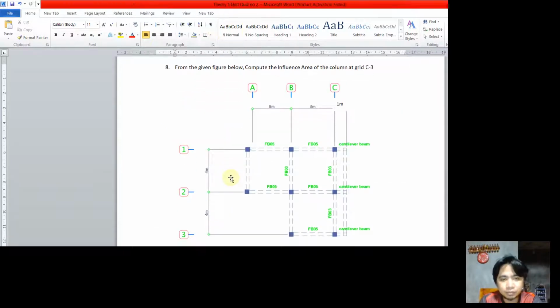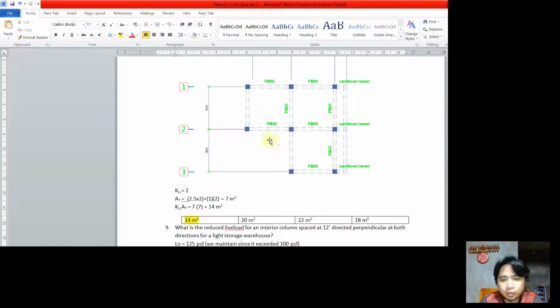Okay, next. So for number 8, we have here a framing system. We are required to determine the influence area of the column at grid C3. So this is C and this is 3. So we're referring to the edge column here below.